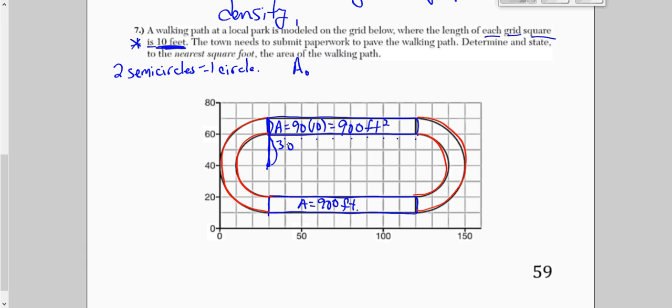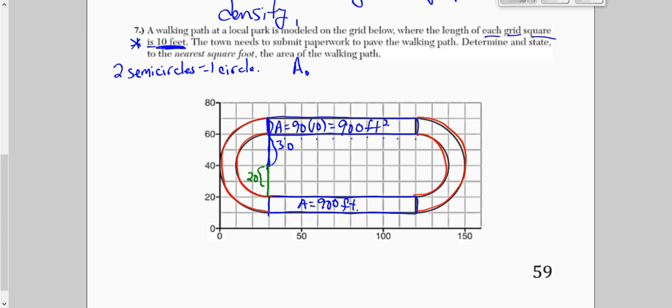Now for the little circle, on the other side here, that's a radius of 20. See what I did there? The big circle's radius goes all the way up into the rectangle. So we have 30 and 20 for the 2 radii, and it's going to be the area of the big circle minus the area of the little circle.